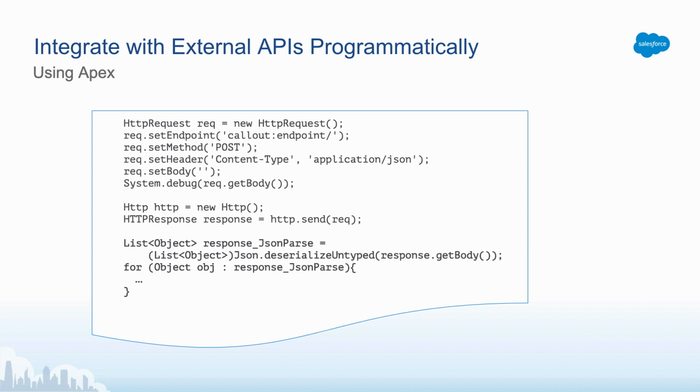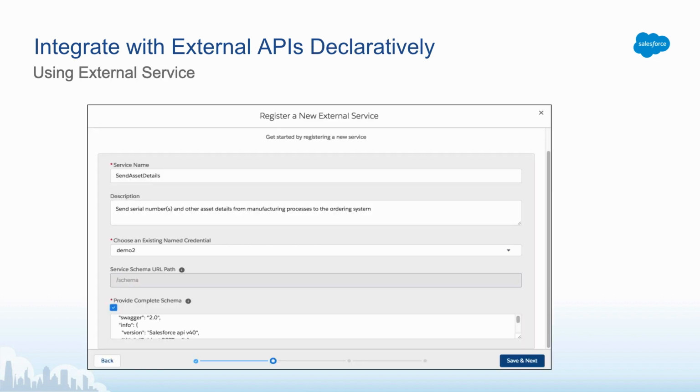In order to simplify that process and to truly empower admins to build out the integration, we GA'd external service back in the Summer '18 release. This is already GA, it's in the current product, you can go try it out. And the purpose of today's session is that we are introducing a pilot enhancement that we introduced in the Summer '19 release.